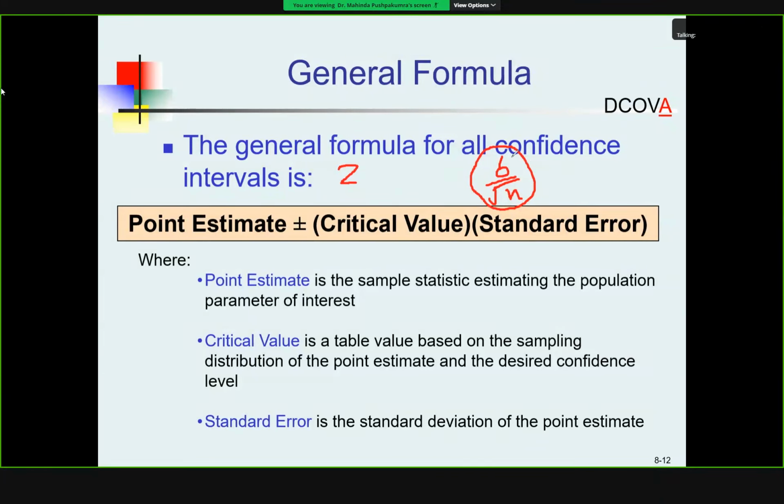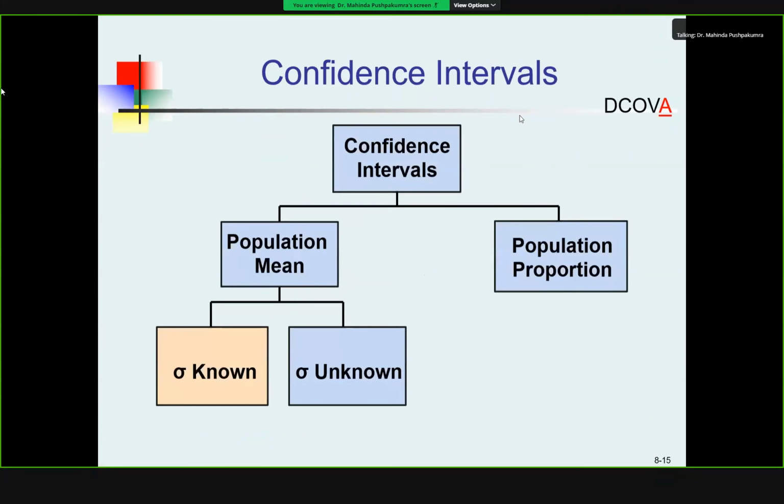If you don't know population standard deviation, then you have to use sample standard deviation, and then you have to use the T table. This one I skip.